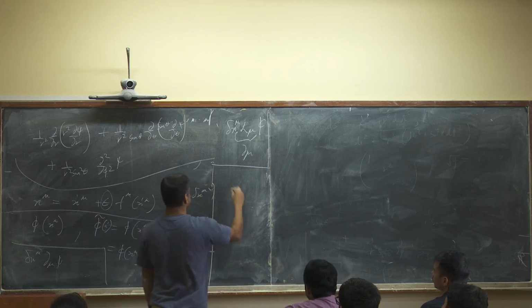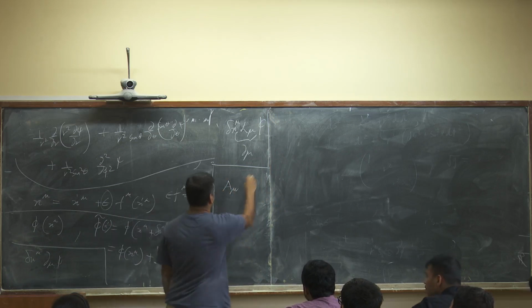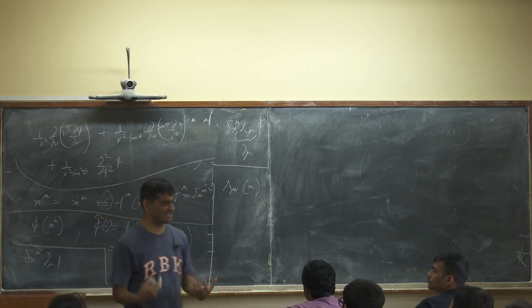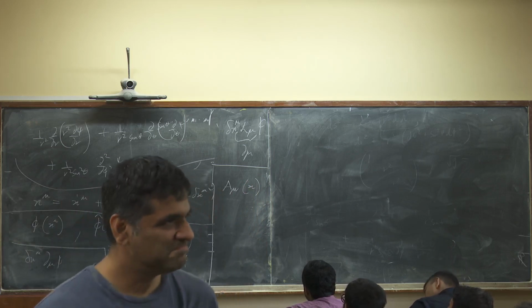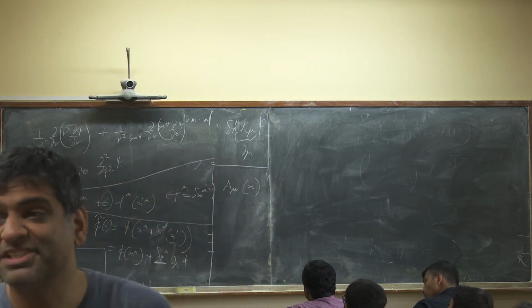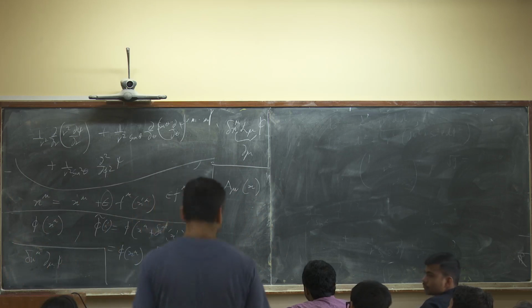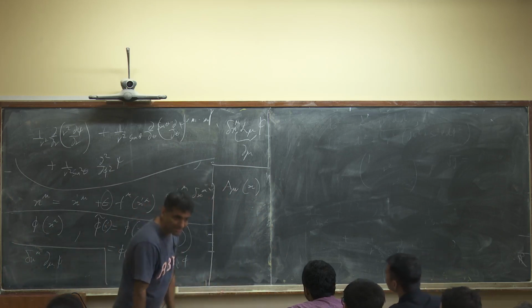So suppose we wanted a mu of x. Suppose we wanted to see how a mu of x, it's an object with a lower index, changes, how a mu of x changes when you act on it with an infinitesimal coordinate transformation. Well, how does it change? We know the rules.